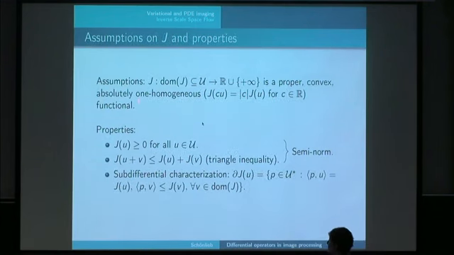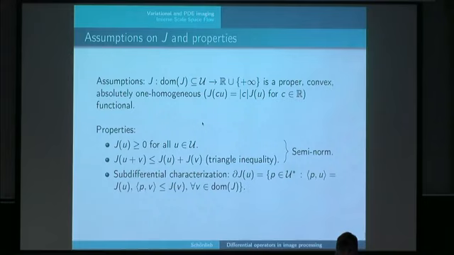So let's set the stage. The kind of regularizers I'm looking at are functionals J that are convex. Okay, so I'm still looking at convex problems. My operator K is linear, so everything is nicely convex. And that are one homogeneous.